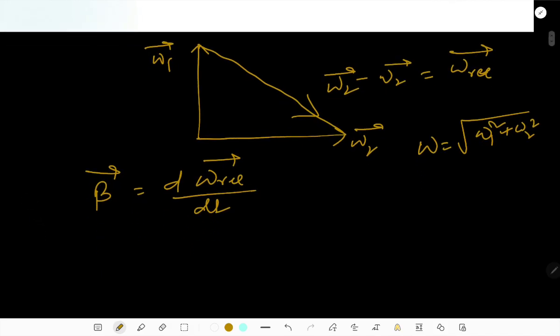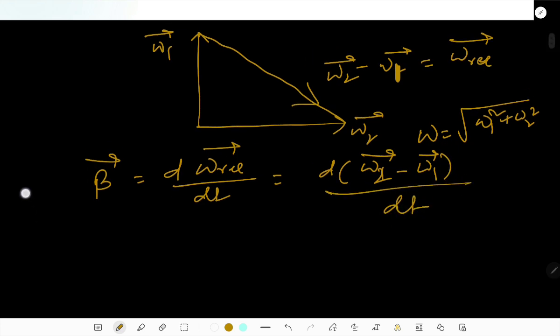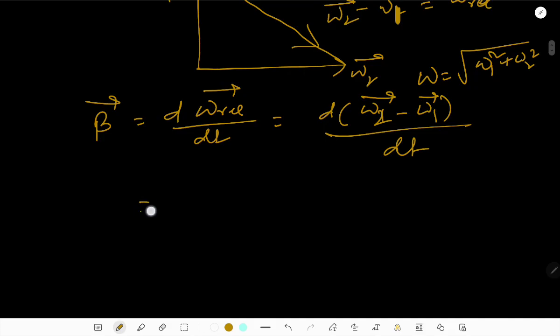I'm not saying it as a vector, I'm saying it as a derivative. So this is d of omega 2 minus omega 1 upon dt, and this is the angular acceleration you are looking for.